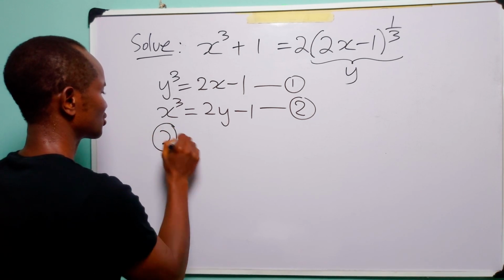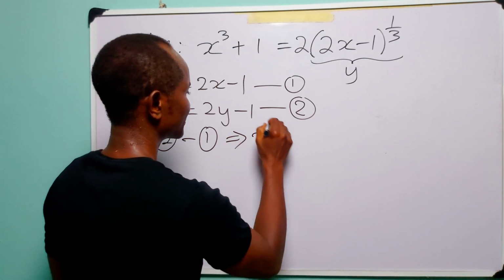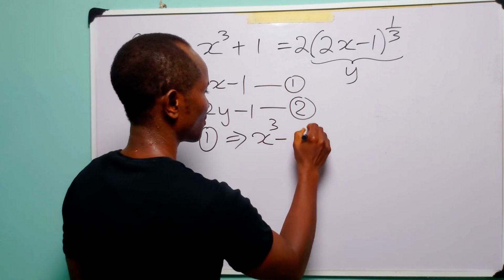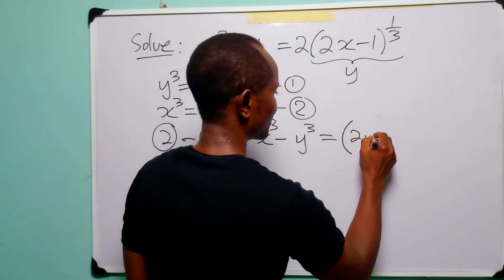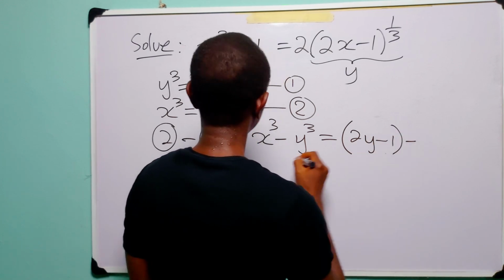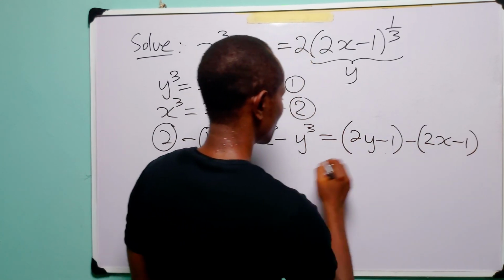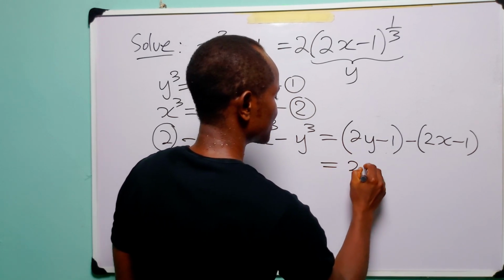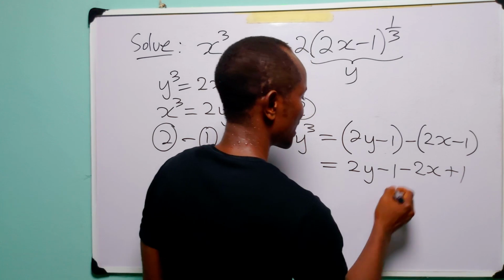So, equation 2 minus equation 1 gives us that x cubed minus y cubed is equal to 2y minus 1 minus (2x minus 1). Opening the brackets, we have 2y minus 1 minus 2x plus 1.